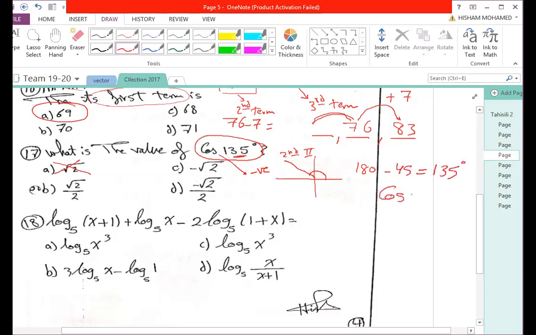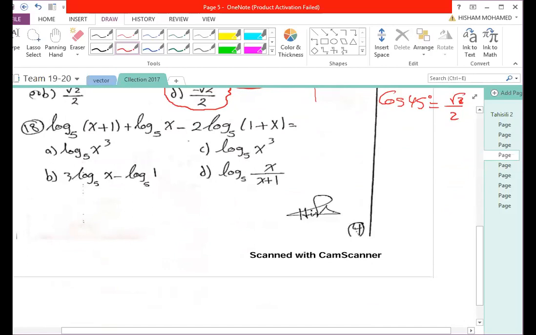We all know that cosine 45 is equal to root 2 over 2. But in the second quadrant it should be negative. So the answer is negative root 2 over 2.